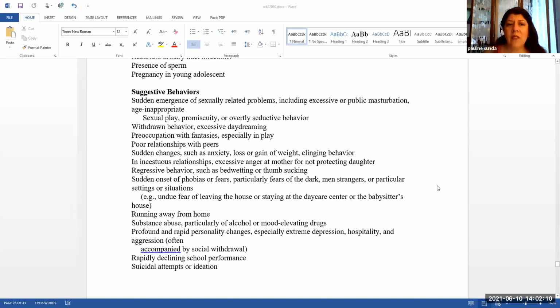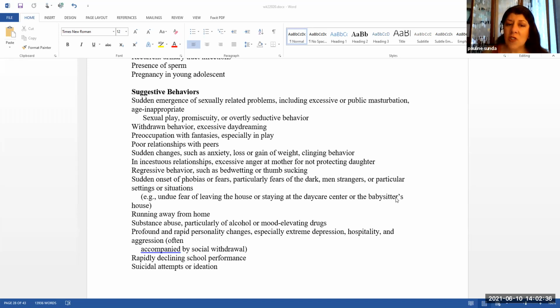So suggestive behaviors here, you might notice they might start doing public masturbation. They may have age inappropriate sexual play, or they might be very promiscuous or engage in overly seductive behavior. They might be very withdrawn. They may have poor relationships with their peers.